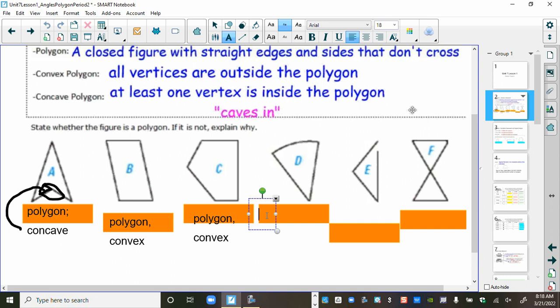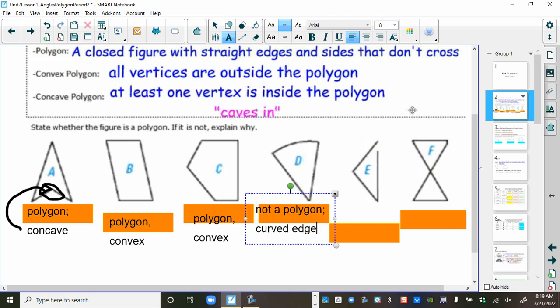All right. What about this one here? Unlike the other three, what do we have going on here? Is that a straight edge or is that curved? So is this a polygon, yes or no? No, not a polygon. Yep, that looks like a pizza slice.